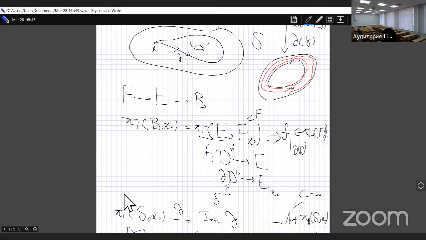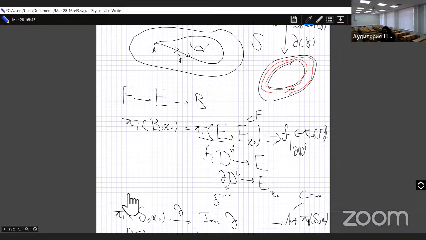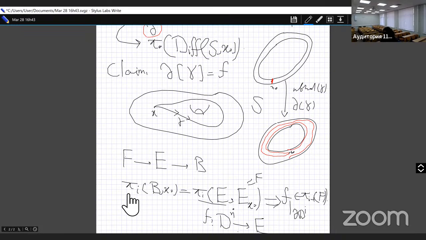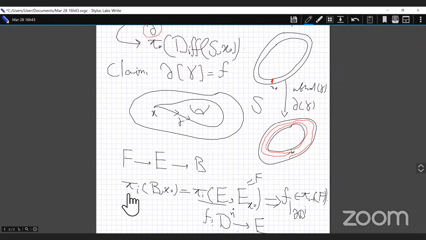Let's assume there are none for a minute. We want to understand what this map does to pi1, and the claim is the resulting map of pi1 of X naught is conjugation by gamma. Chris, do you agree? I don't know because I don't understand the construction.